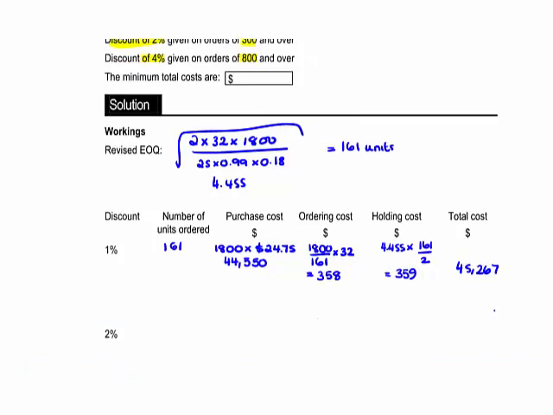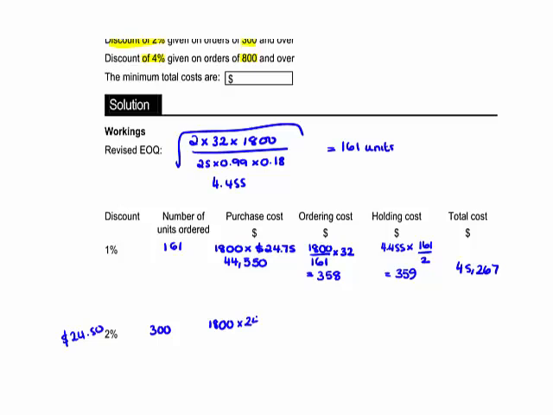To get a 2% discount then, I need to order 300 units at a time. If I order 300 units at a time, I'm going to get a discount of 2%. 25 times 0.98 means that the cost will be $24.50.